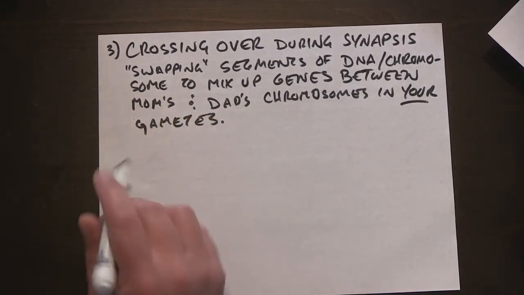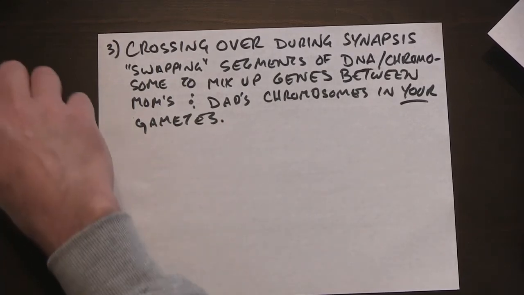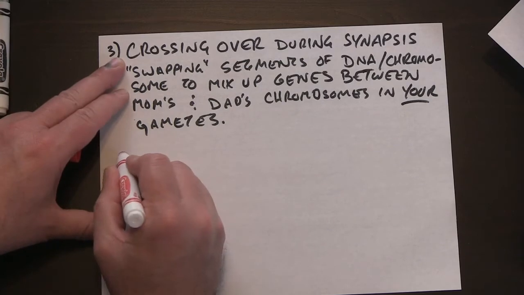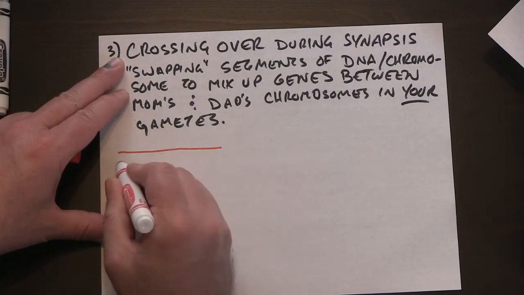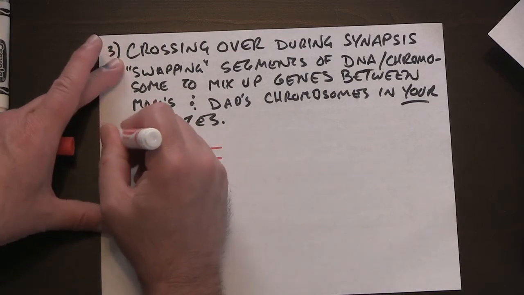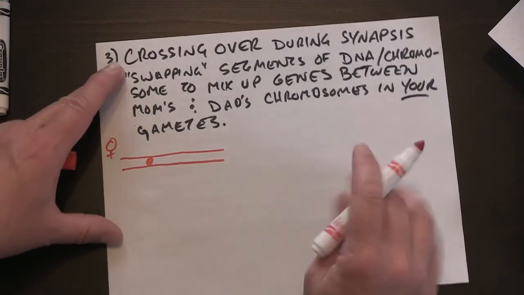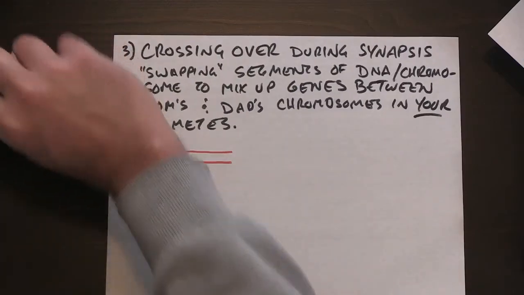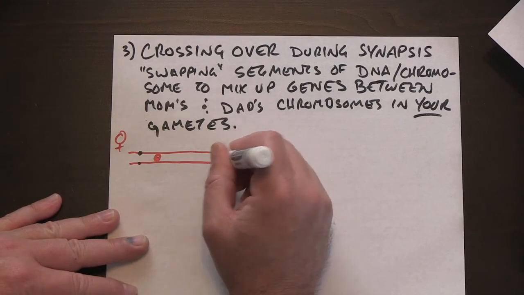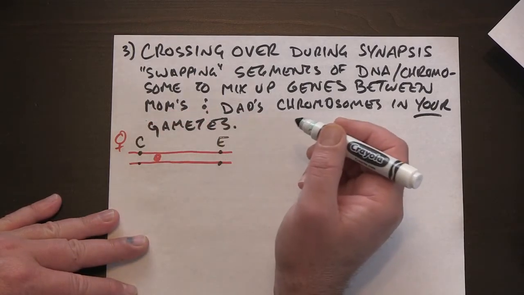Okay. So let's go back to our mice. So this is the chromosome that a mouse has inherited from its mom. And it has big C and a big E rather.